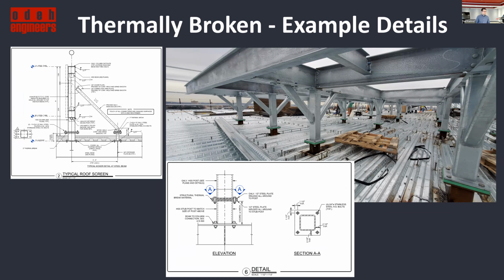This is some example details in a recent photo of a lab building we've done here in the Boston area. Obviously, it's quite an extensive dunnage platform for a lab building, supporting all the mechanical units on the roof, and the associated screen to hide those units.